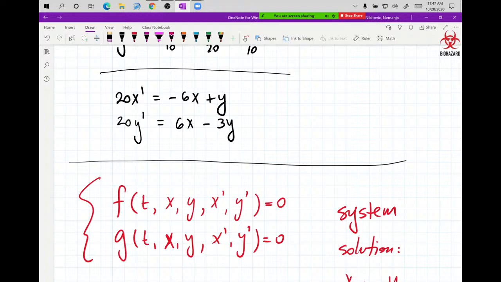Now, what we are focusing on in this section is understanding that we have systems of differential equations, and we have seen that. And those systems don't have to be just with the first derivative. They could have second derivative, third derivative, 10th derivative, and so on.